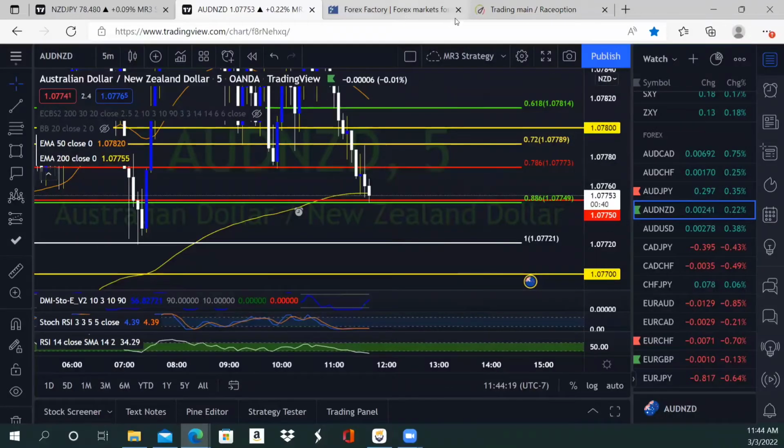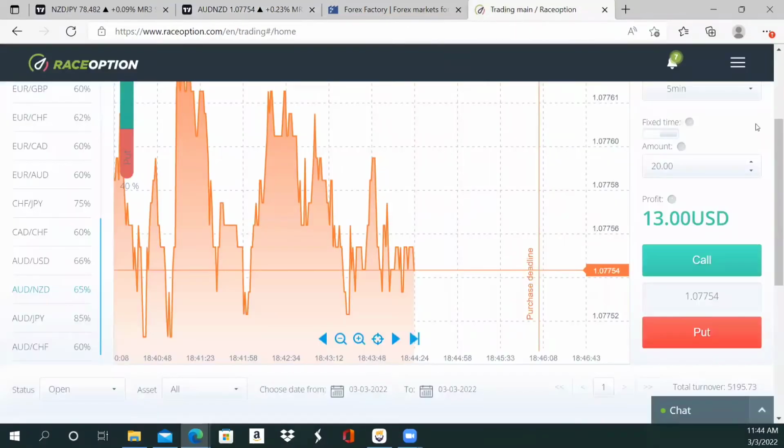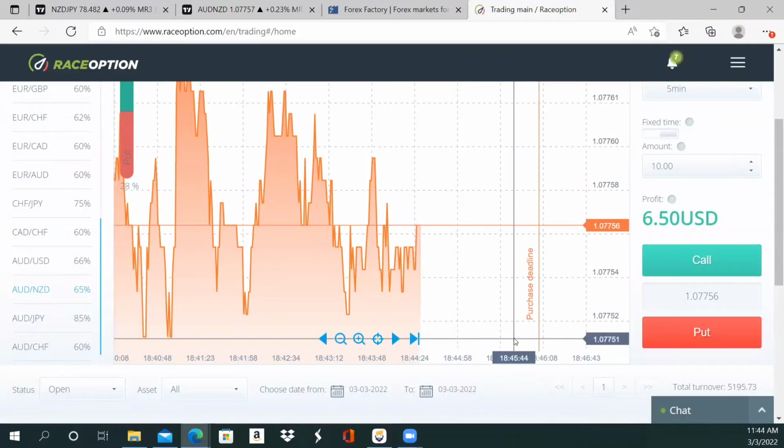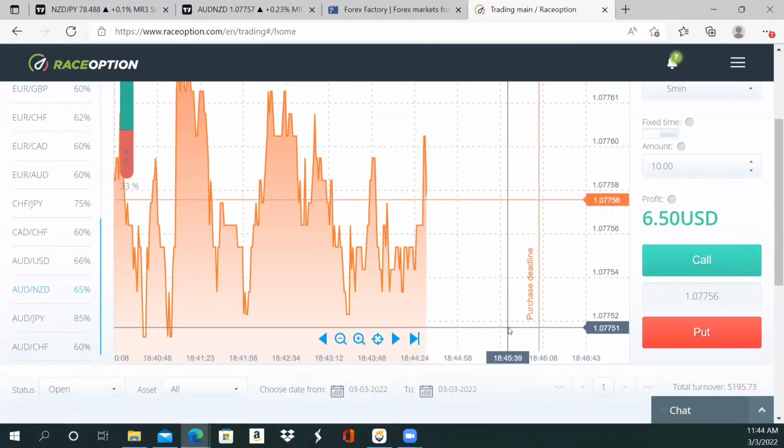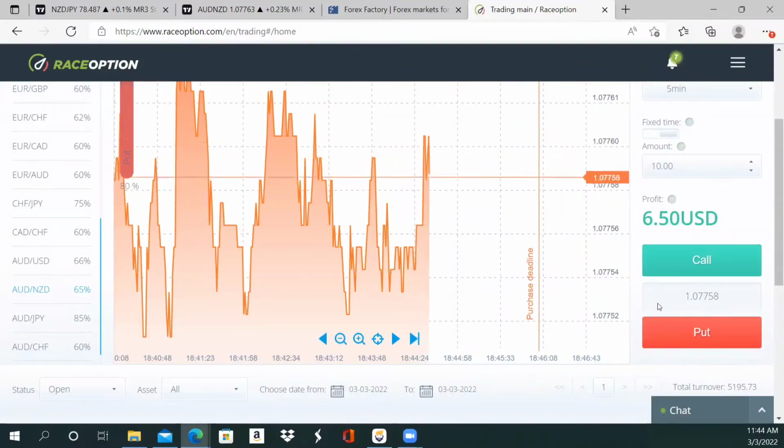I think the 45 minute is a great level for a reaction. So what we do is we minimize the risk. Let's see if it comes down here again. We could take it for that 45-minute mark, because you'll see once the 45-minute hits, it's just going to make a big move.